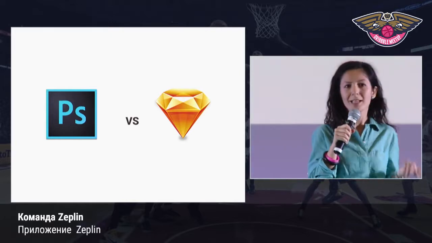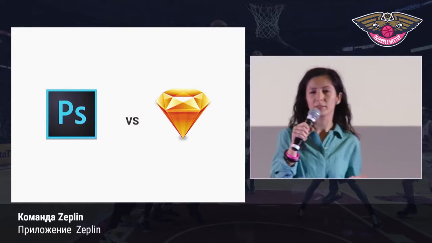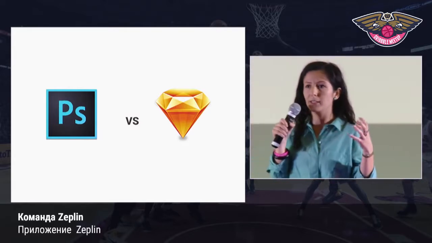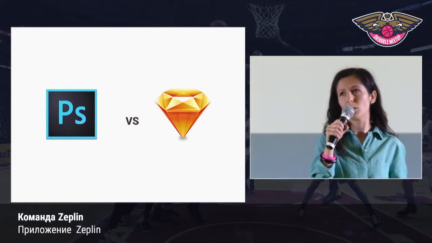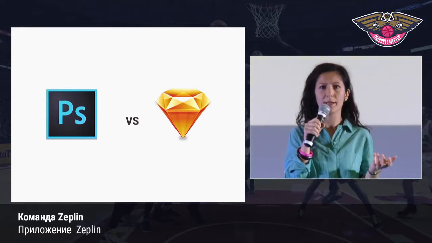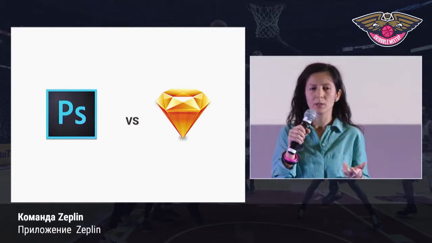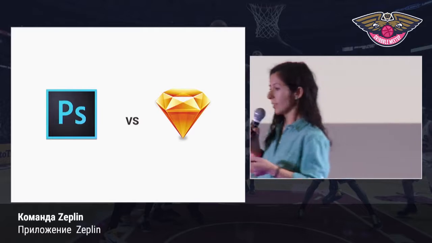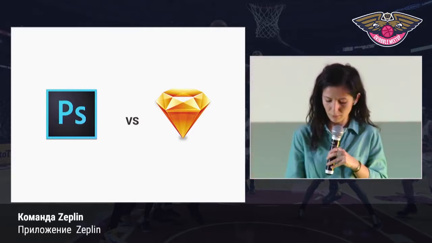But I love Sketch, and Sketch has a really great community. They're really willing to share everything with each other, and somehow they proved themselves as early adopters. So we started with Sketch. Zeplin now supports Sketch, and Photoshop is also coming soon.